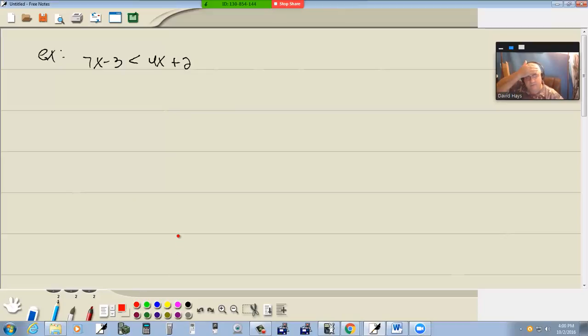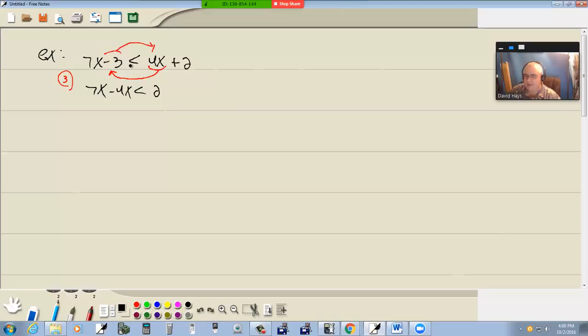Now our first step, get rid of parentheses, don't have any. Second step, get rid of fractions, don't have any. Third step is get everything with an x on one side, numbers on the other. So I'll take 4x, move it over. I'll take negative 3 and move it over. Remember, when you take anything across your inequality symbol, the sign changes. So the positive 4x becomes a negative 4x.